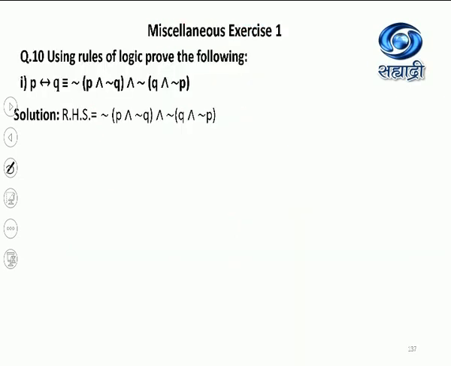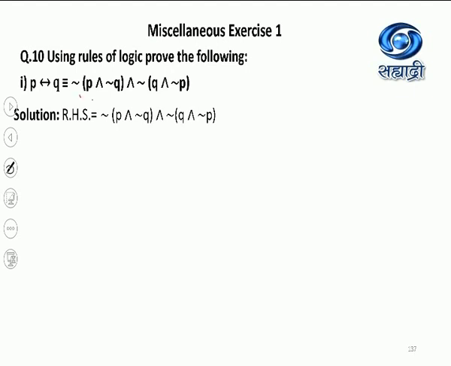Using the rules of logic, prove the following. Now, what we have seen earlier is we had to prove the equivalence using the rules of logic. Now, I have to combine the rules of the algebra of statements as well as the rules of negations. So, I have to prove the first equivalence.